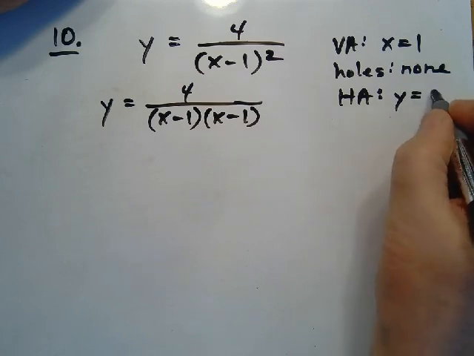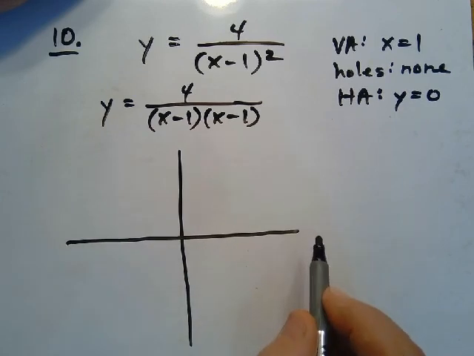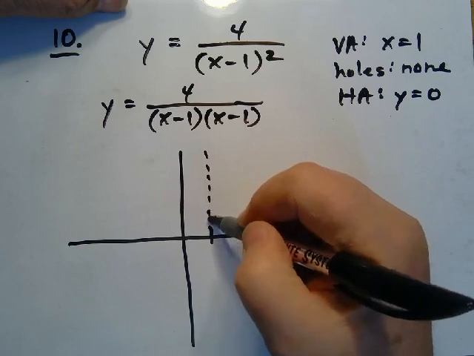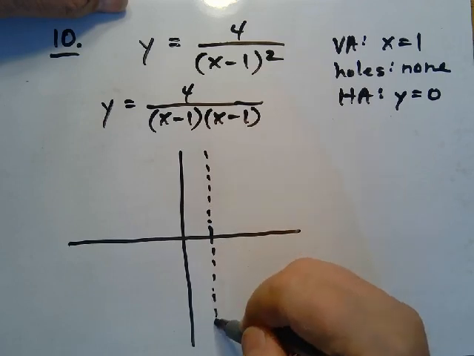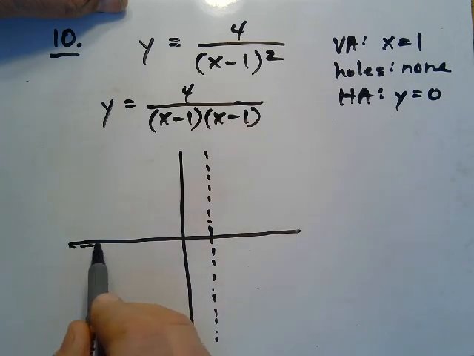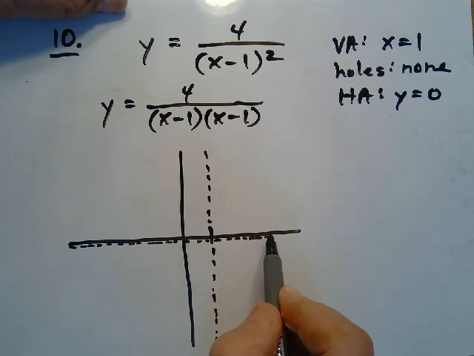So y has to be 0. Now as we graph this, we've got a vertical asymptote at x equals 1. We've got a horizontal asymptote at y equals 0. I'm going to put it right next to my x-axis there.